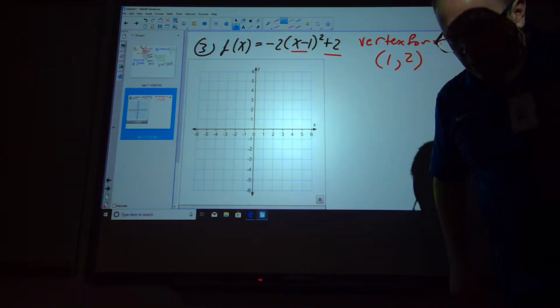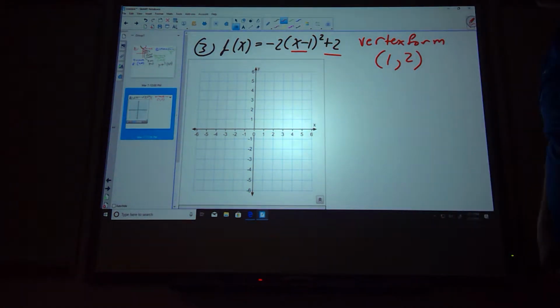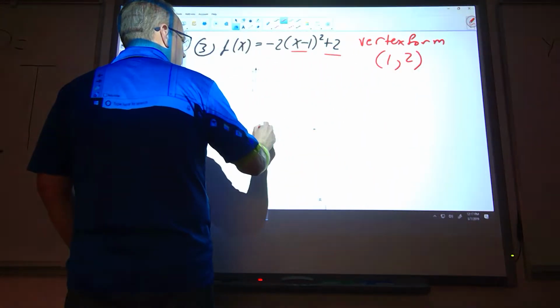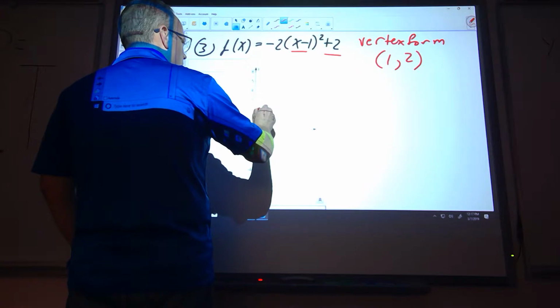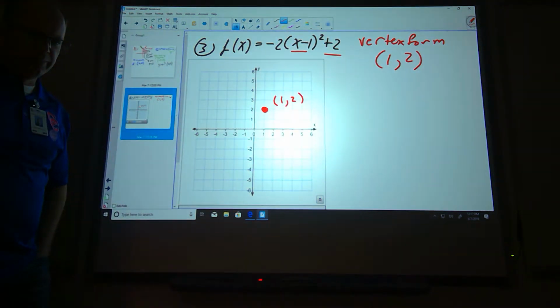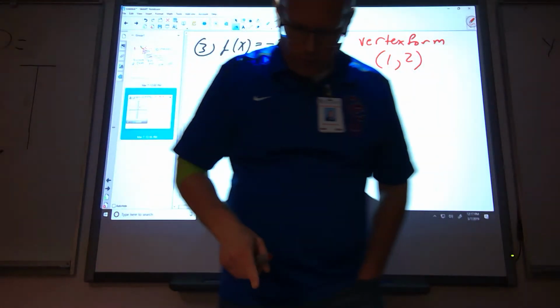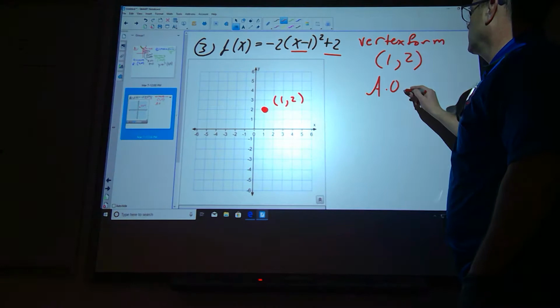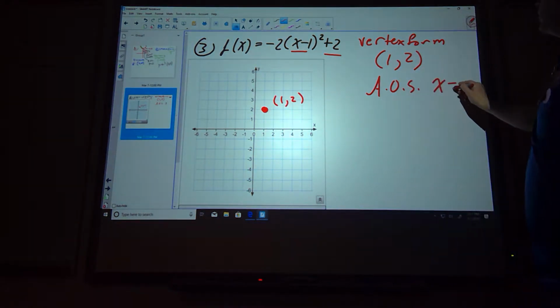Okay, and what does it say? So we want to find the vertex. Oh, we got the vertex. 1, 2. So 1, 2 is right here. Is that okay? What else do they ask for? Oh, axis of symmetry. So AOS is x equals 1.